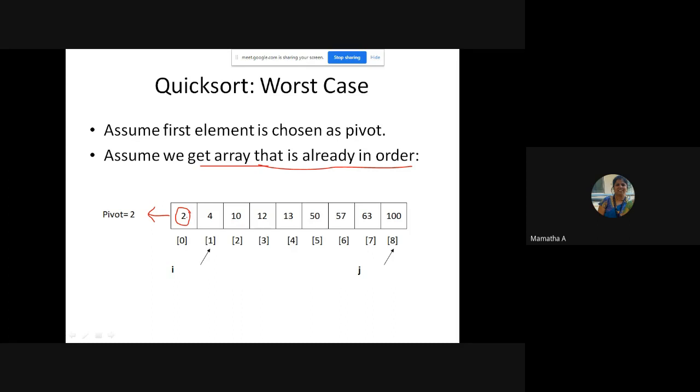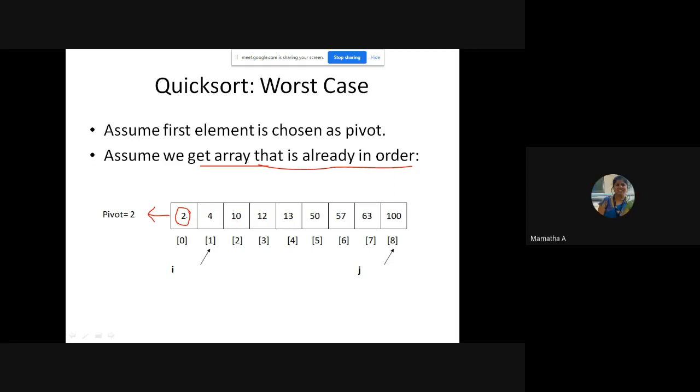0 sized. What is the second half? Size of the second half. Okay. How many elements are there here? 9 elements are there. What is the size of the second half? How many elements will be there in the second half, students? n minus 1.